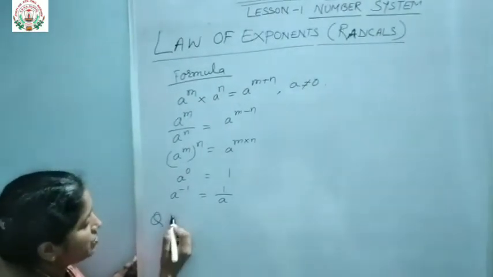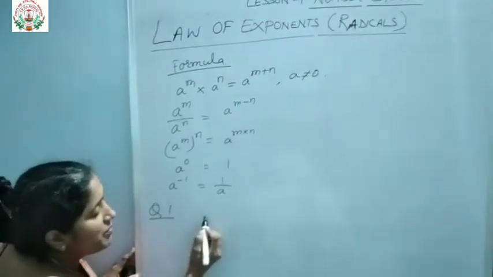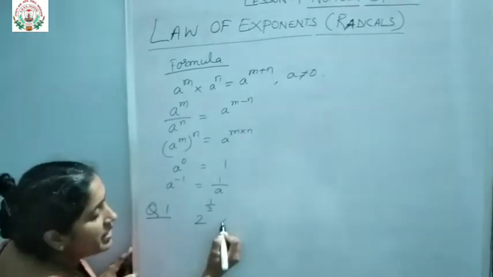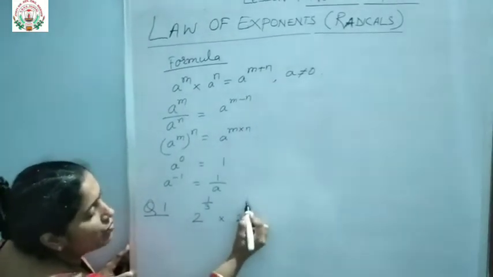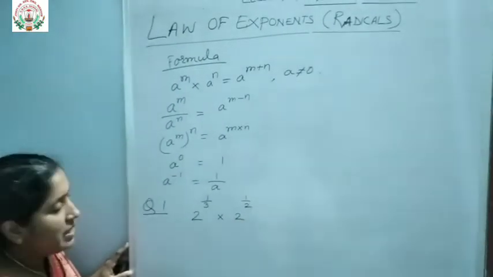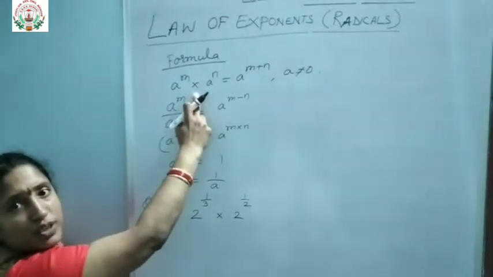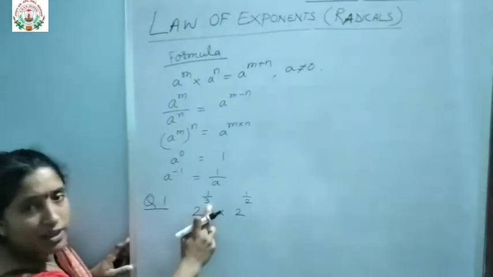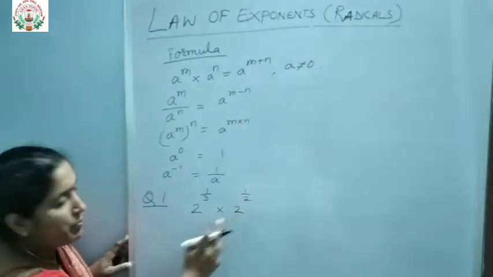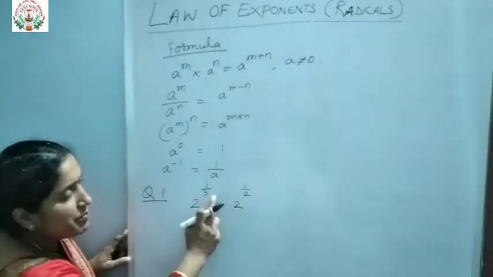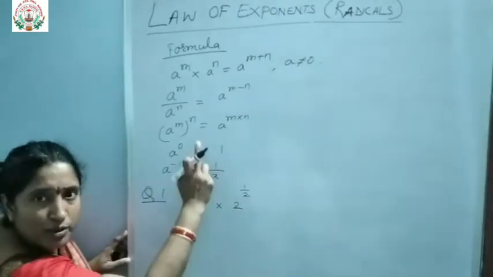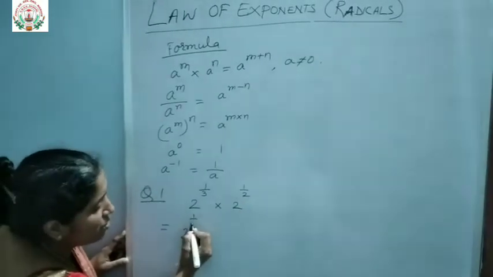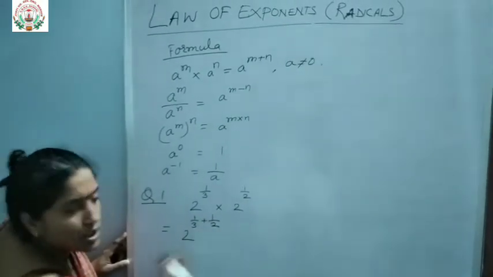Question number 1. For example, I am taking 2 to the power 1 upon 3 into 2 to the power 1 upon 2. This is in the form of the first formula, a to the power m into a to the power n. The base is the same, so the powers will be added up. That will be 2 to the power 1 upon 3 plus 1 upon 2.